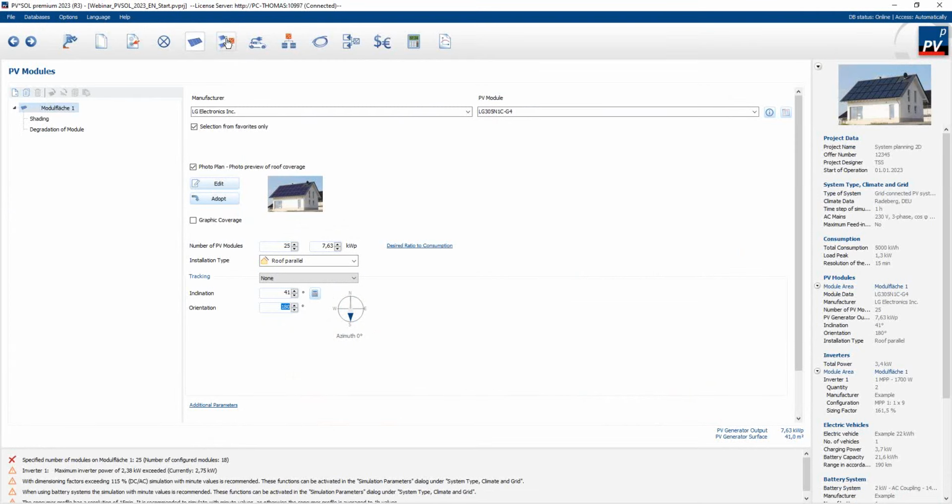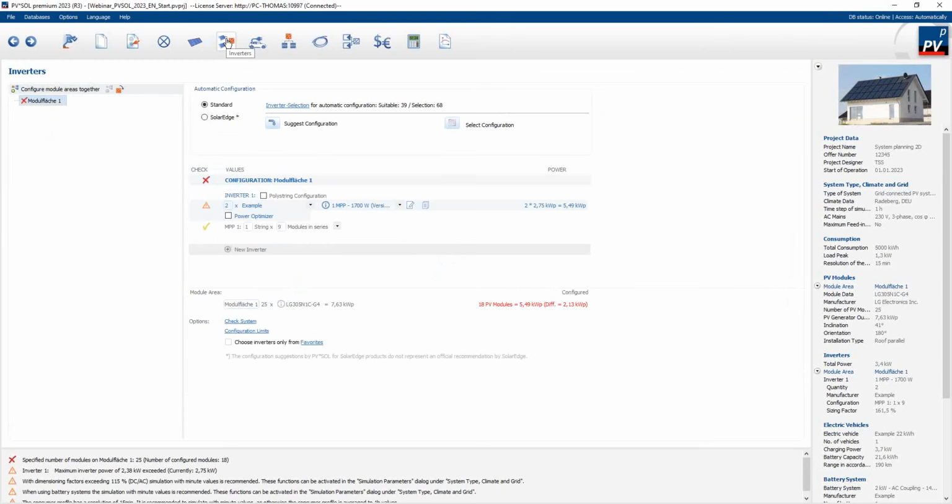Now we have to move on to the inverter side here, to the inverter window, to find a suitable inverter. And as often here in the software, you have different options. You can ask the software for a suggestion of module configuration. You can calculate all possible configurations, as well as you can enter your configuration on your own.